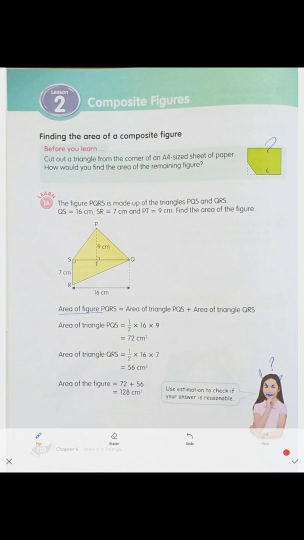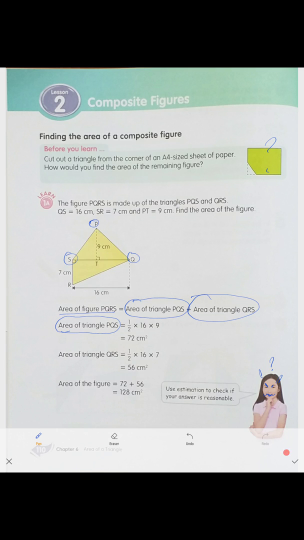So the area of figure PQRS is the sum of the area of triangle PQS and the area of triangle QRS. The area of triangle PQS is the first thing they calculate.